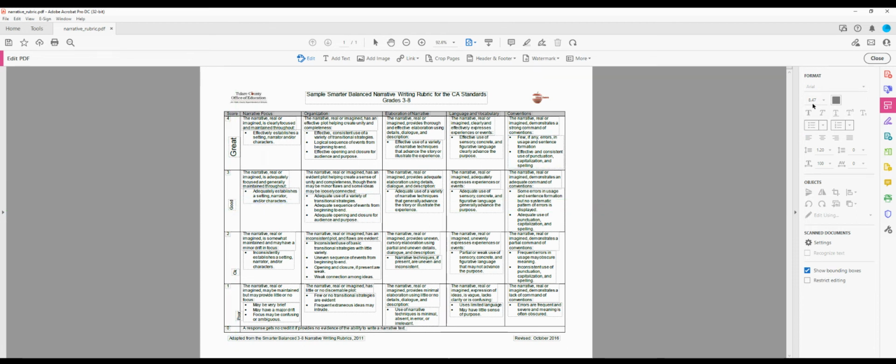A 3 is good. And I promise I won't mess too much with this. I don't have my document camera with me, so it's a little difficult to just manipulate it with the computer.